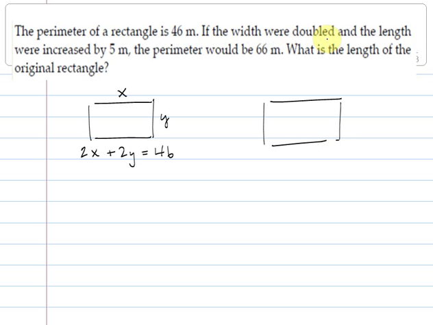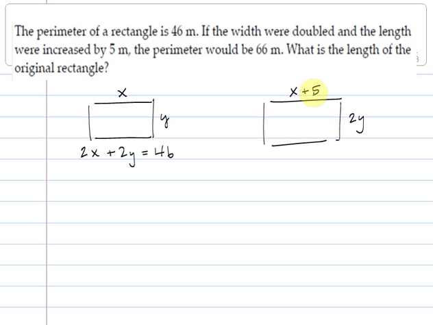If the width were doubled, the width being doubled can be represented by the expression 2y. And then as we read on, and the length were increased by 5 meters, so we're going to add 5 to the x, or the length value, the perimeter would be 66 meters.